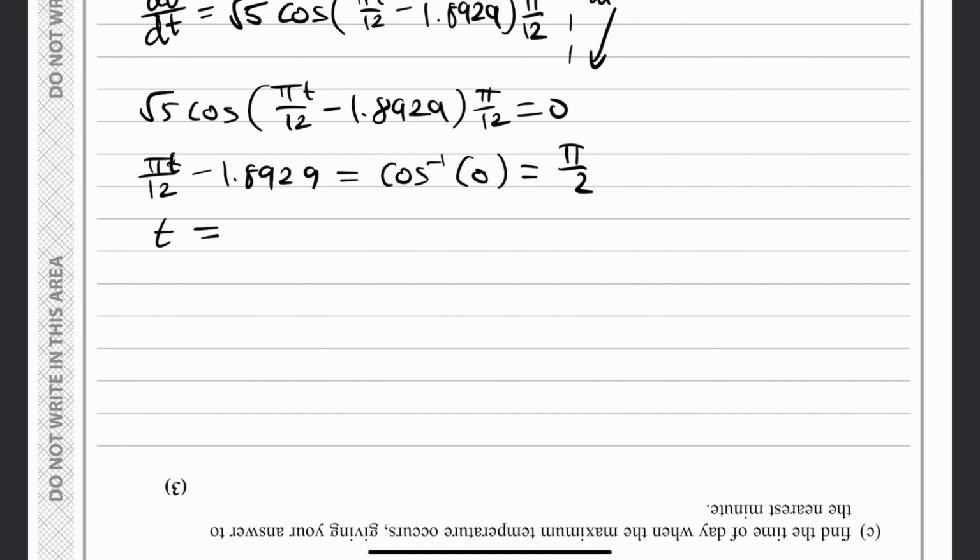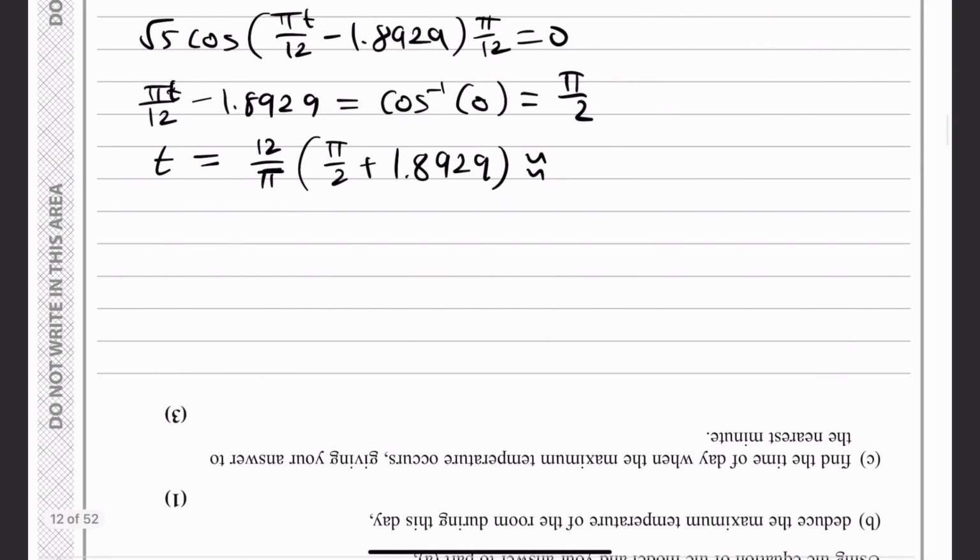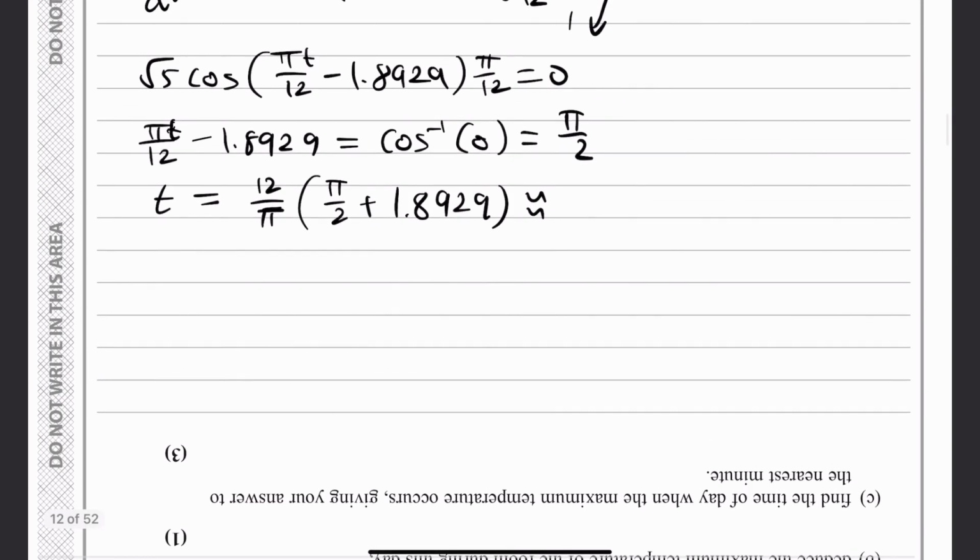one step. So if we move the 12 over pi onto this side, then we've got pi over 2 plus 1.8929, which is going to be approximately... find the time of day. Yeah, I think I'll just give it in terms of t.